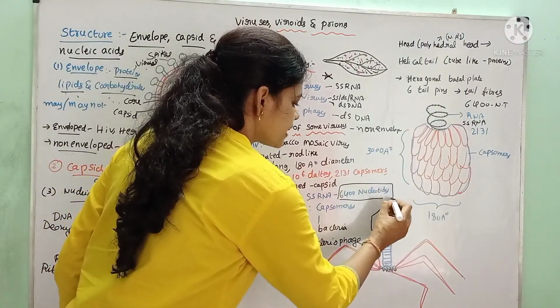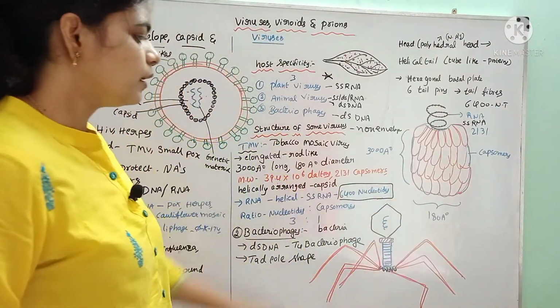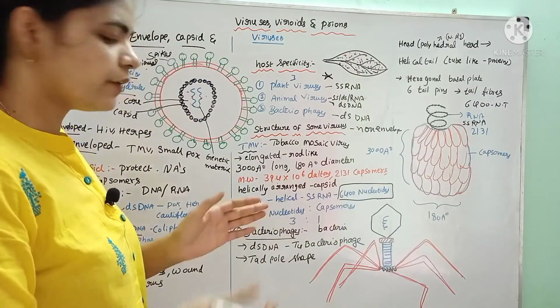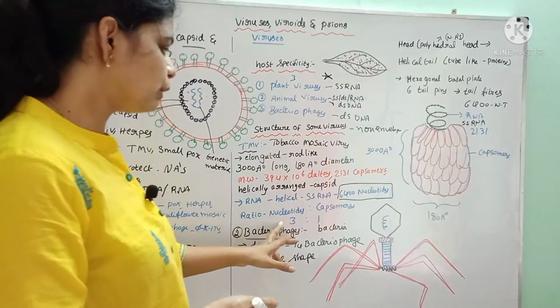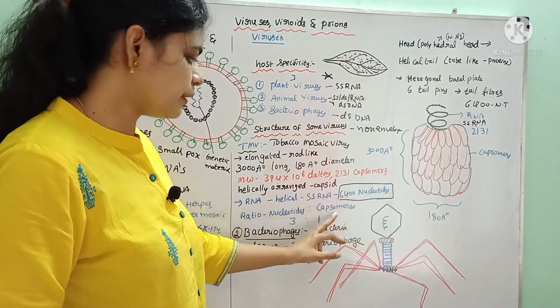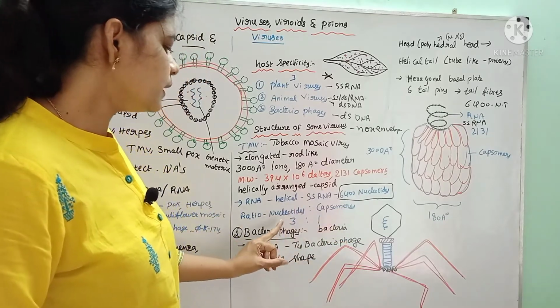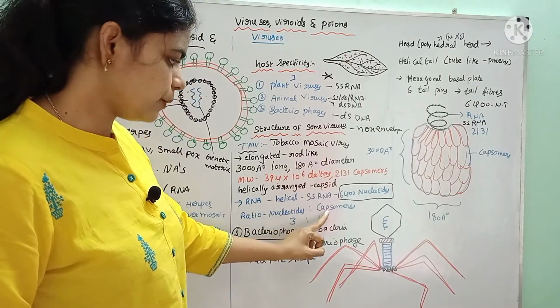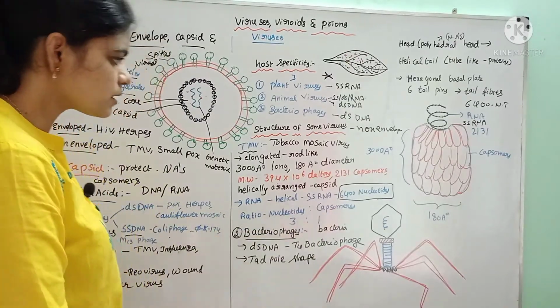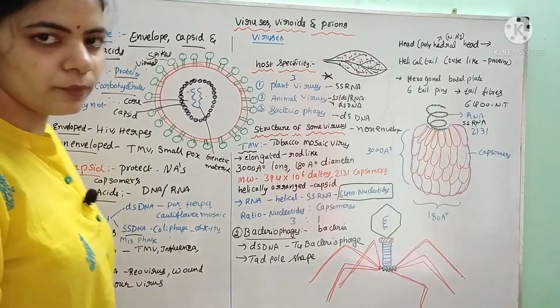How many nucleotides are present in the genetic material? 6400 nucleotides. If you see the ratio between the nucleotides and capsomeres, nucleotides are more in number when compared to the capsomeres. What is the ratio? 3:1 in number.